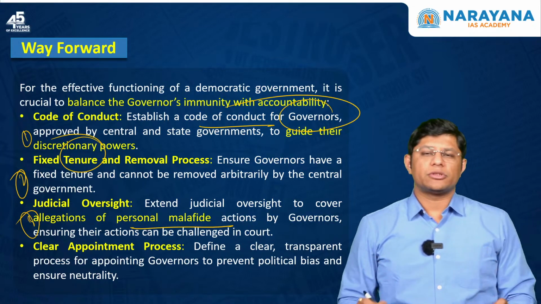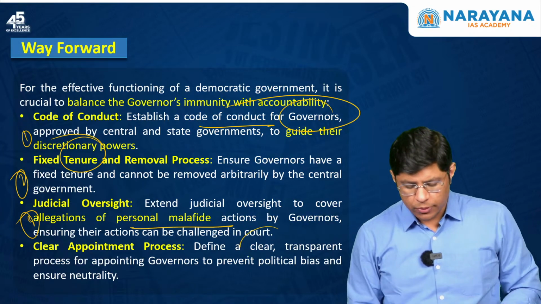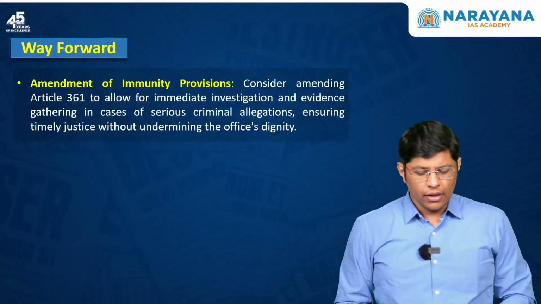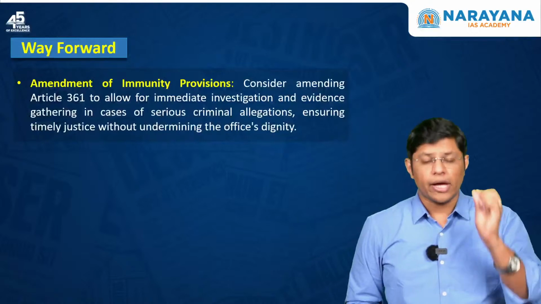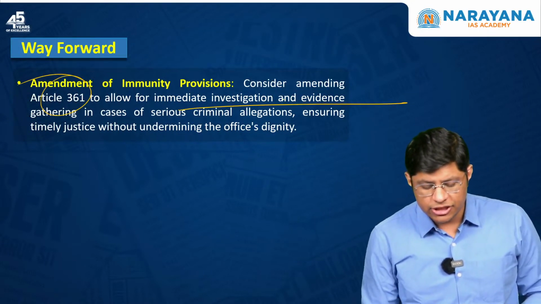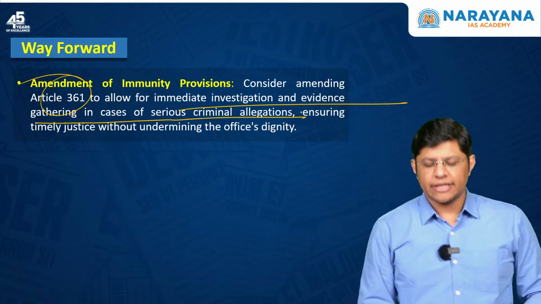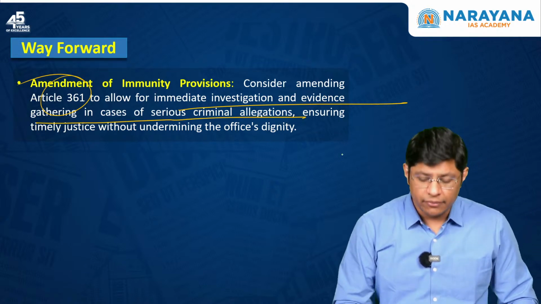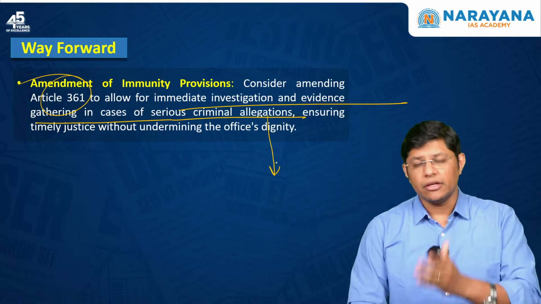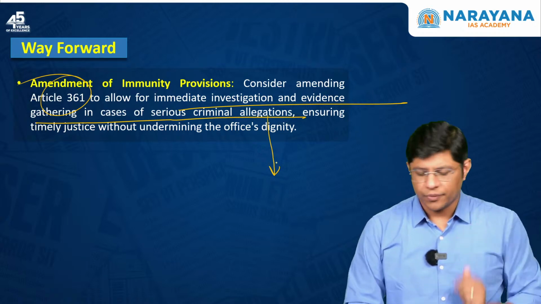Fourth, a clear appointment process. The appointment process has to be clear and transparent. And then certainly we have to amend Article 361 to allow immediate investigation and evidence gathering in cases of serious criminal allegations, as the West Bengal governor is subject to currently, right.